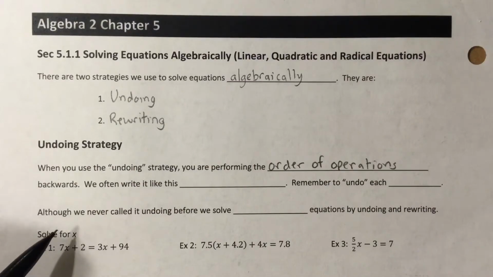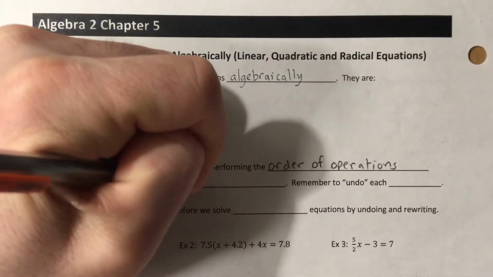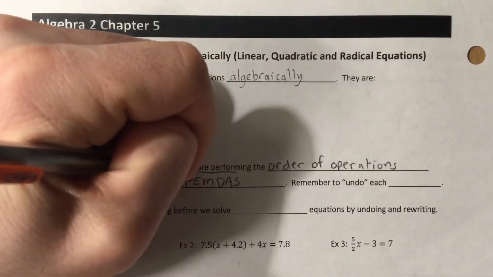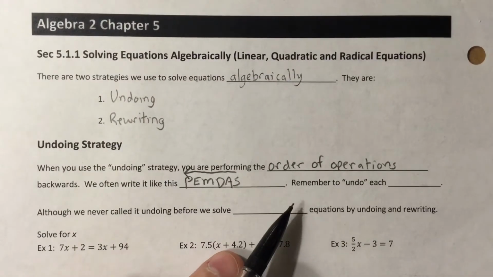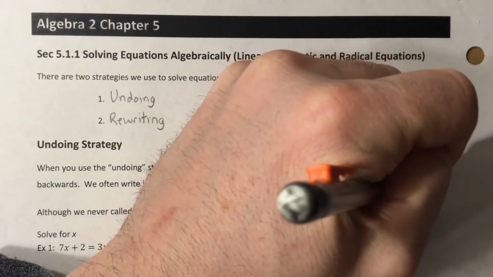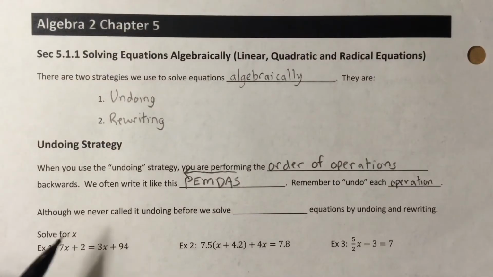Remember, order of operations is PEMDAS, so I often write it like this, PEMDAS for order of operations, but since we're doing it in reverse, with a backwards arrow. Remember to undo each operation. You're not doing, you're undoing.